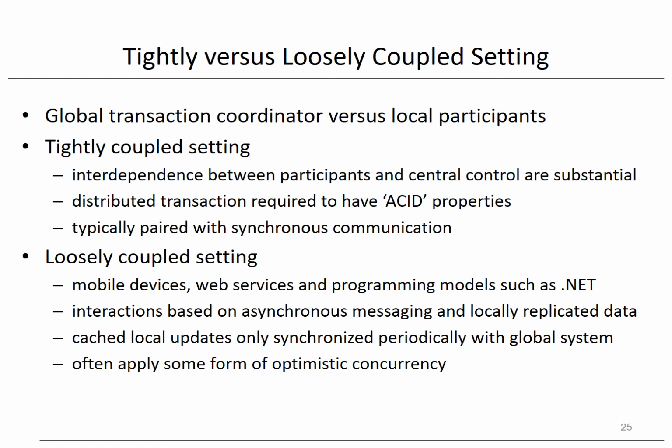The distributed transaction is required to have roughly the same ACID properties as the transactions in a standalone setting. Such tight coupling is typically paired with synchronous communication between the transaction participants. Database connections remain open for the entire interaction.